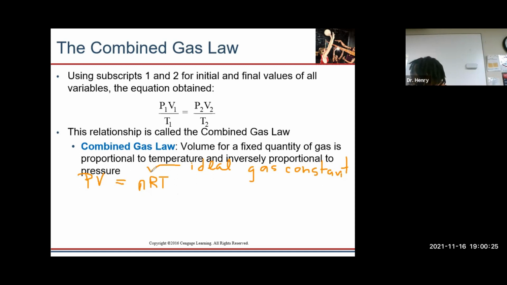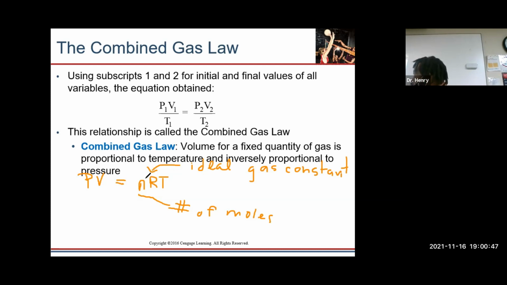And that's what R is. N is the number of moles. Of course, you guys know what T and P and V are, right?